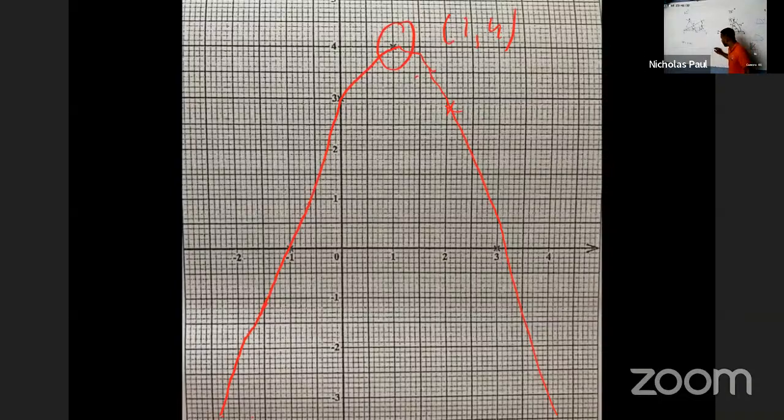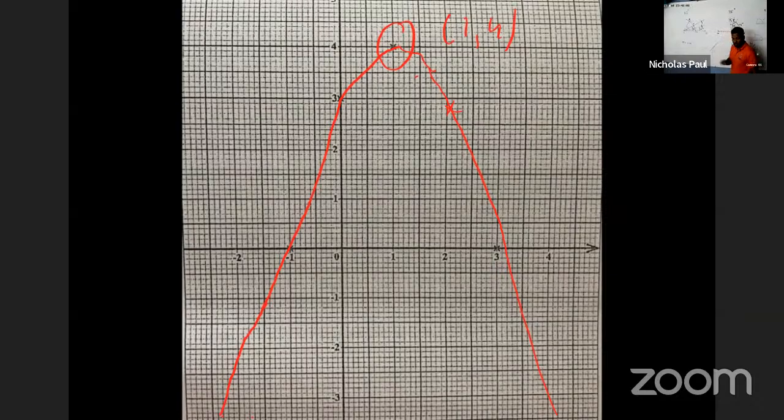So what you need to do really is to get the gradient at a point. Let's say at this point here, I wanted to get the gradient. In order to get the gradient, you have to draw a tangent to that point. You have to take a ruler and draw a line that touches this point. You're drawing a line that will touch the curve at that point alone.